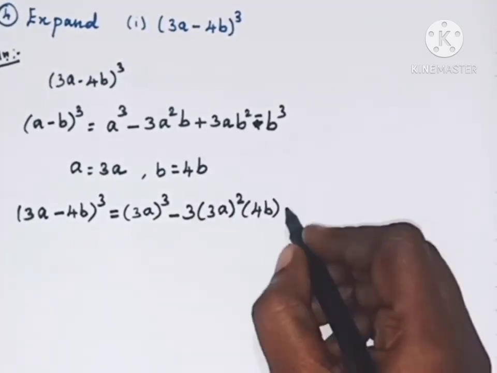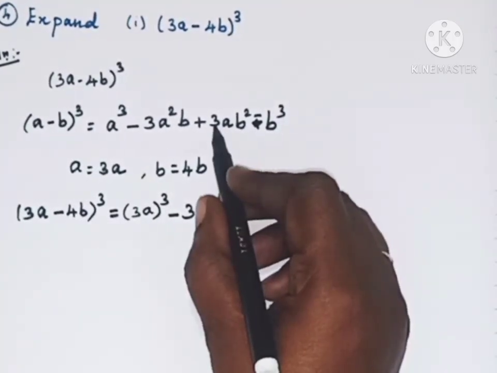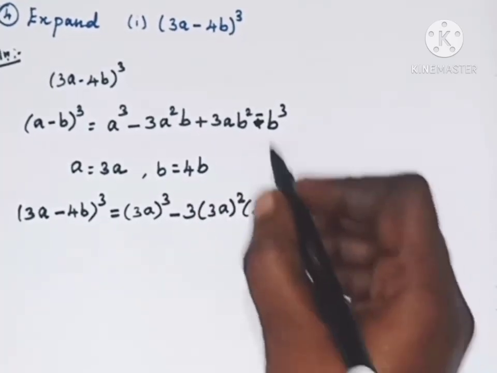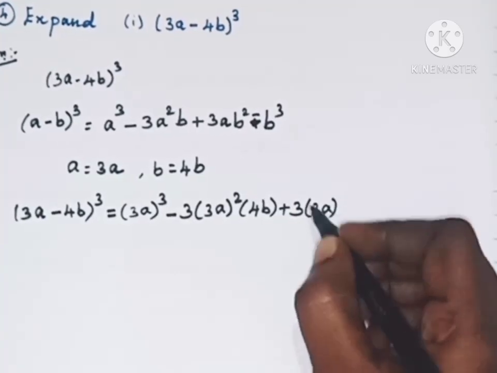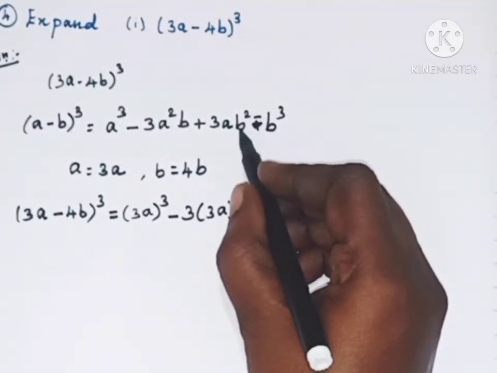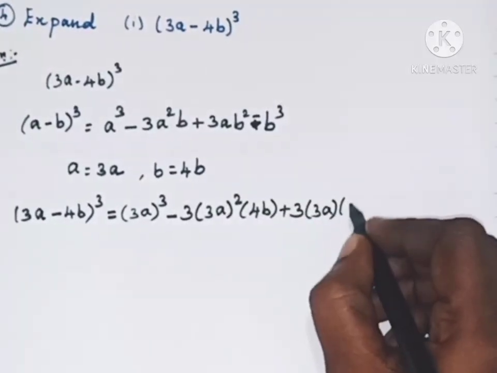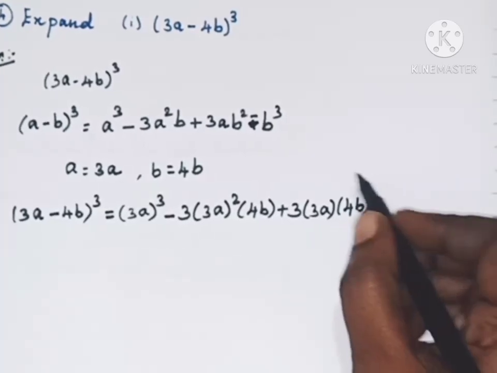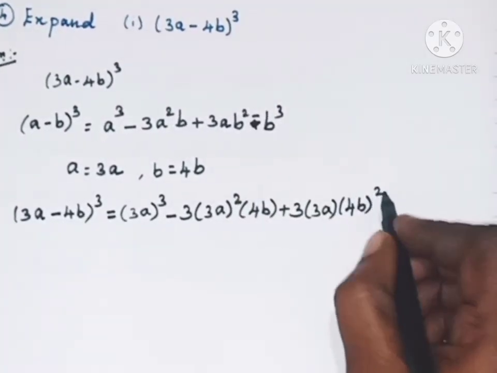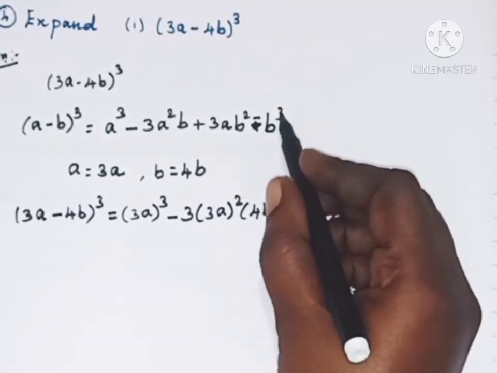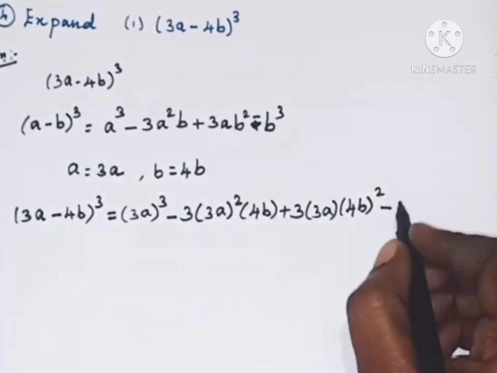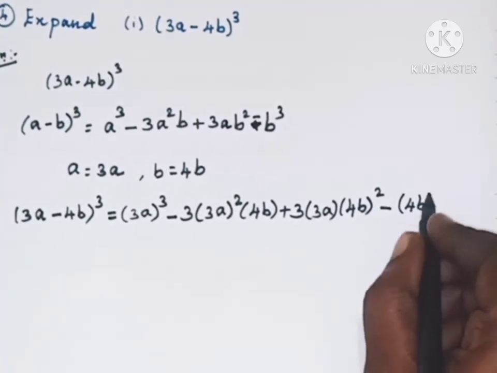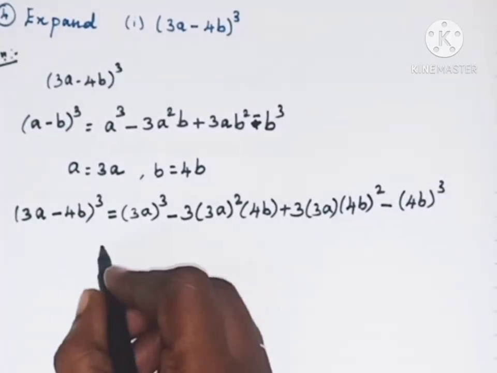Again plus, in the identity we have 3, so put 3 here, and then a is 3a into b square. B is 4b, so substitute 4b in the place of b: (4b) the whole square, minus b cube. In the place of b we have to put 4b, so (4b) the whole cube.